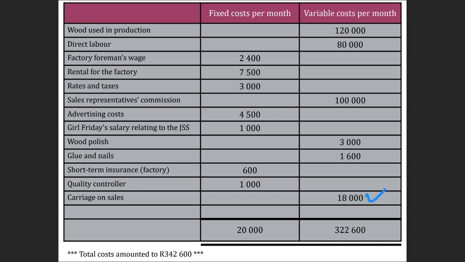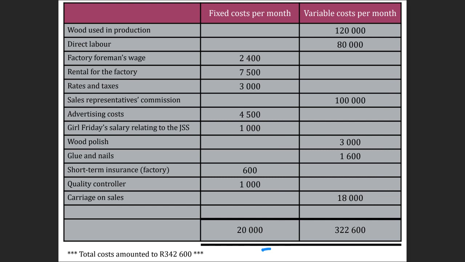So now we have, from example 4.1, all of the costs included. We've put them into the categories of fixed costs and variable costs, and we added all of those up here and here. That gave us a total fixed cost of 20,000 Rand under the first column, and then the variable costs amounted to a much higher figure of 322,600. Remember, your total cost is the sum of the two.